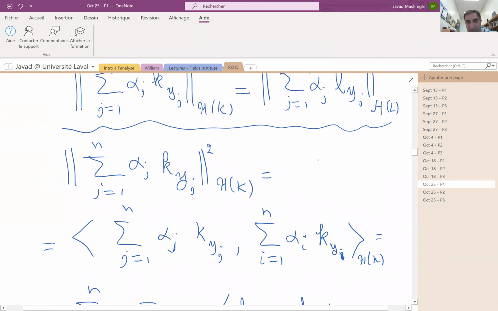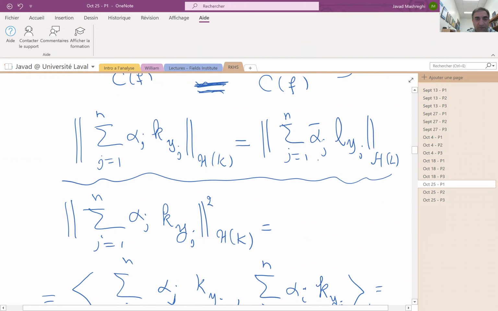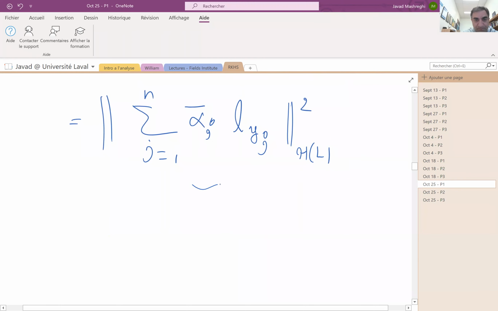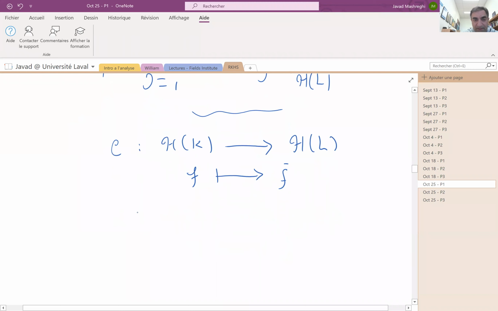The isometry, this one, is what I wanted indeed to prove. C from H of k to H of L, mapping F to F bar, and such that the norm of C of F in H of L is equal to the norm of F in H of k.